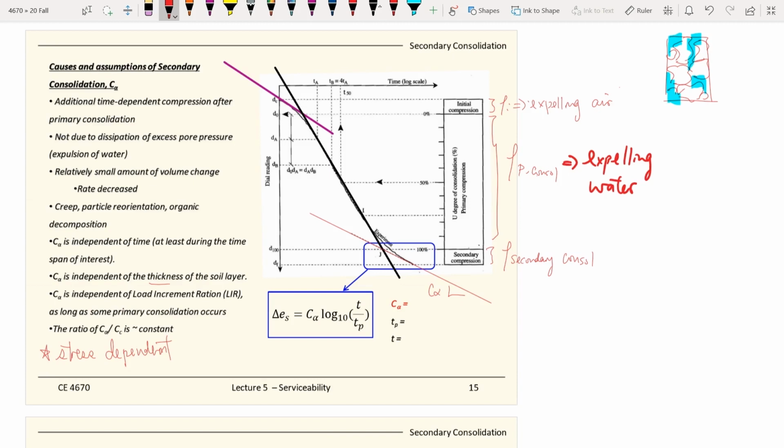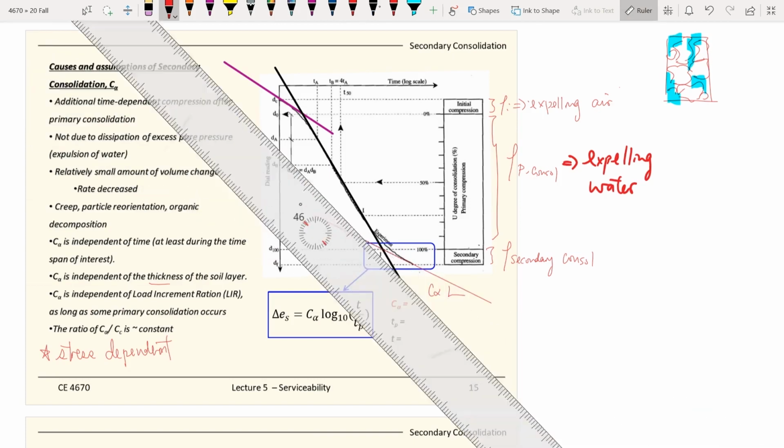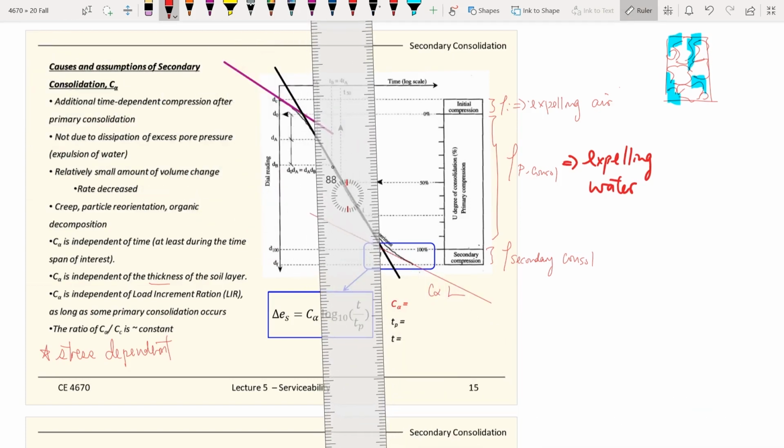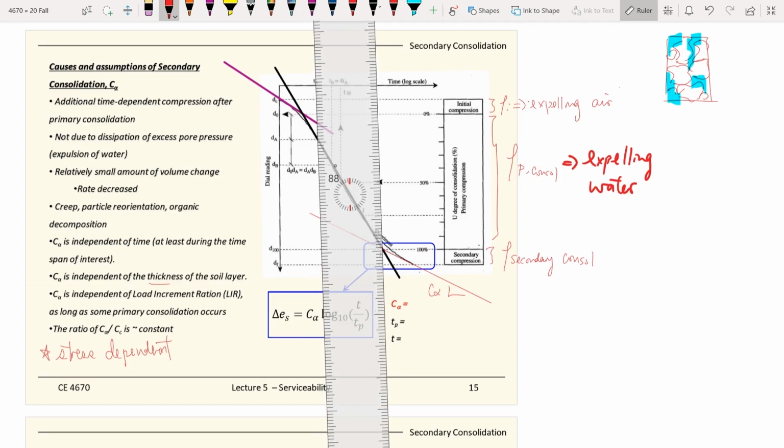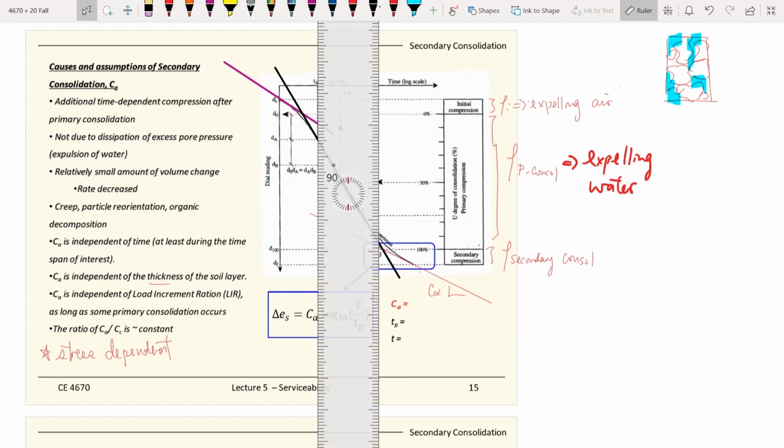What happens is during the primary consolidations when you apply loading, at a certain point there will be no more pore water from that given stress able to be expelled. Once you apply the loading, if you wait long enough to a point that no further water can be expelled out, that point we call the end of primary.